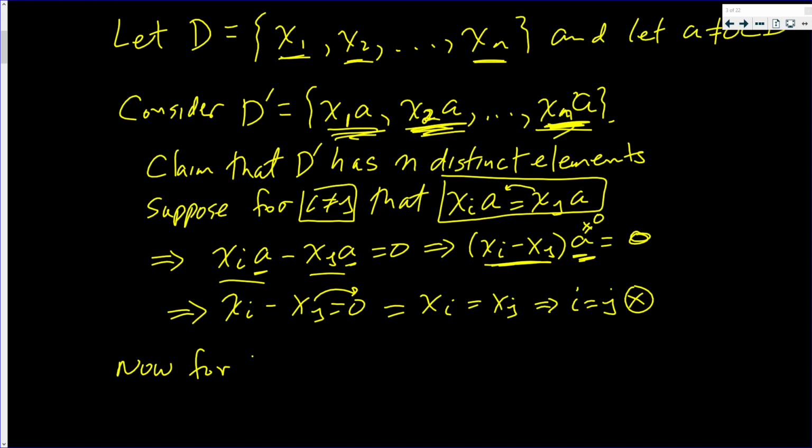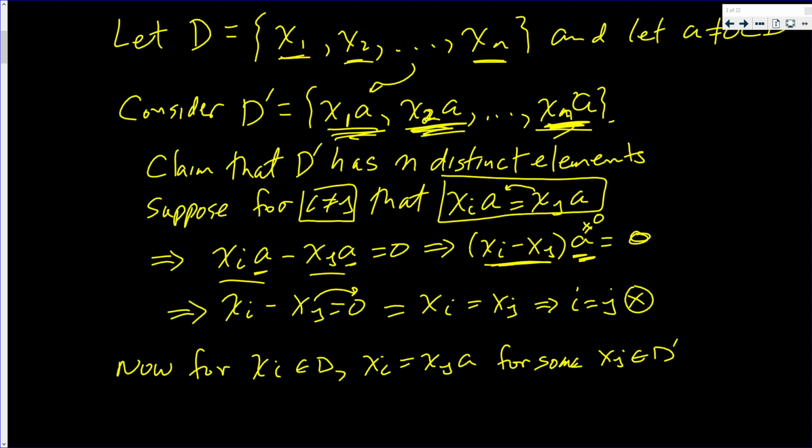Now, for xi in D, we have that xi is equal to xja. That is, xi maybe is equal to x1a or x17a, for some xj in D prime.